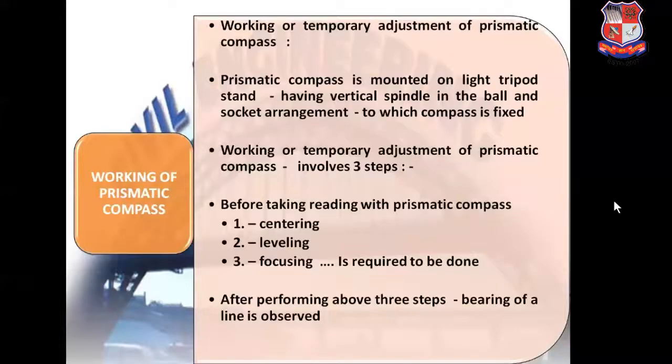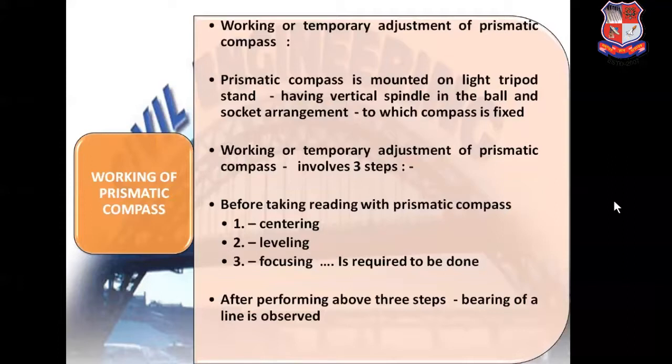Now let us see the working, or we can say the temporary adjustment, of the prismatic compass. The prismatic compass is mounted on a light tripod stand having a vertical spindle in a ball and socket arrangement to which the compass is fixed. For working or temporary adjustment of the prismatic compass, we have to perform three steps.